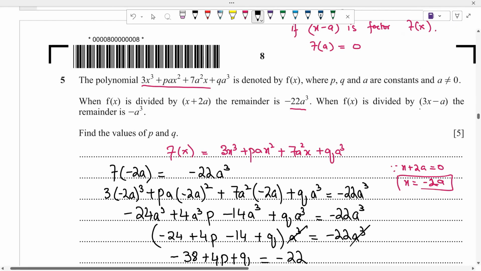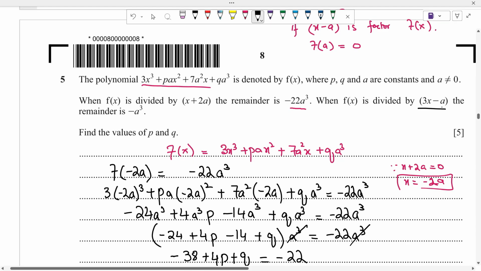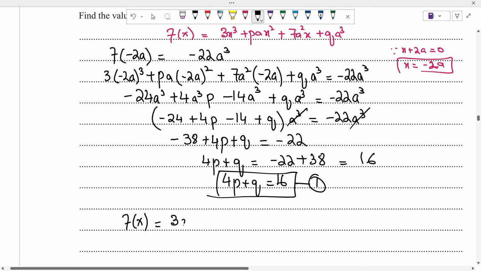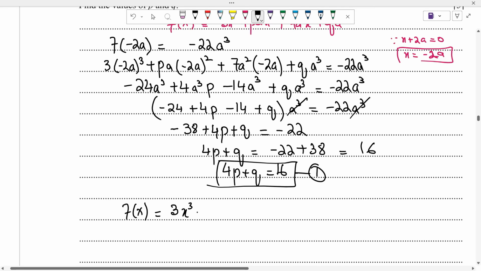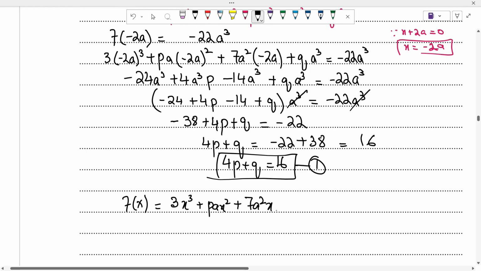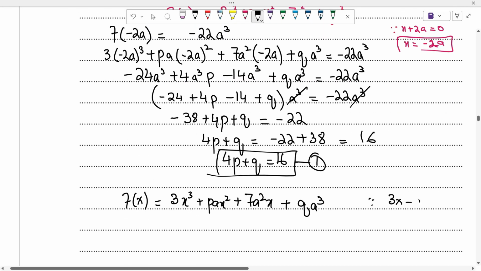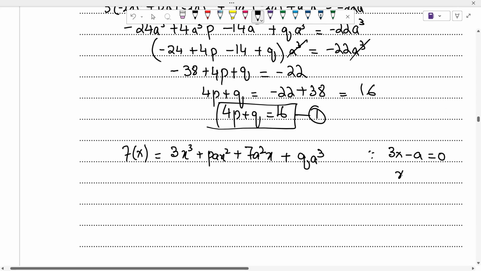Now we will use the second condition, which says that when f of x is divided by 3x minus a, the remainder is negative a cubed. So f of x is equal to 3x cubed plus pax squared plus 7a squared x plus qa cubed, and in this case the factor is 3x minus a, which is equal to 0, and x is equal to a over 3.